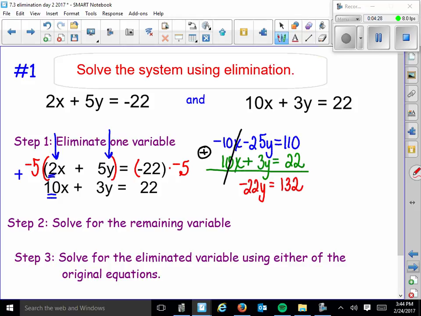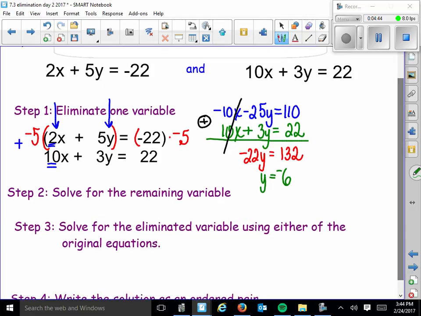Okay, so I need to divide this out. 132 divided by 22 is equal to 6. So my y value is -6.